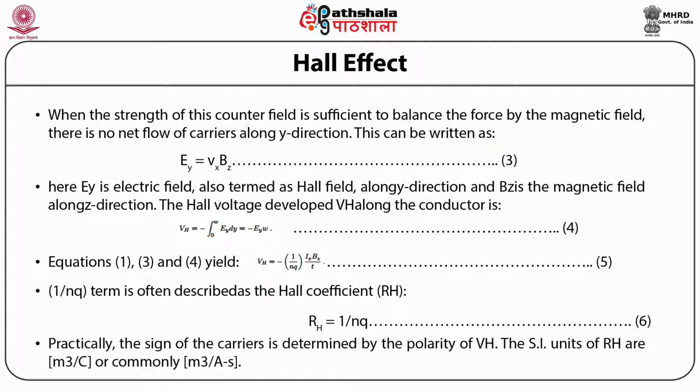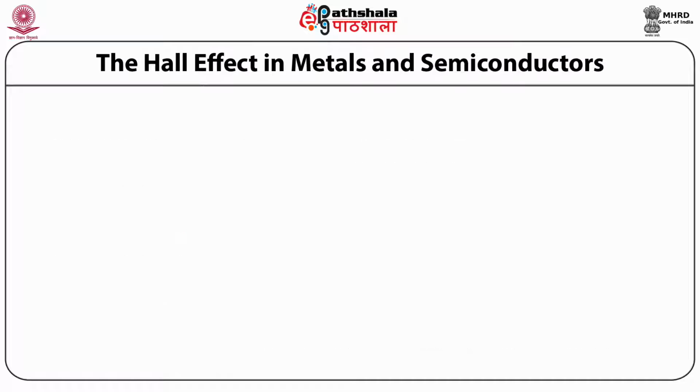Practically, the sign of the carriers is determined by the polarity of Vh. The SI unit of Rh is m cube divided by C, or commonly m cube divided by A s. The Hall effect in metals and semiconductors.